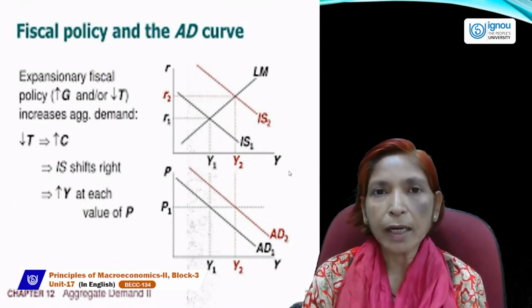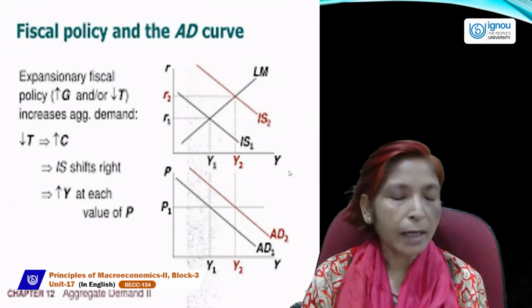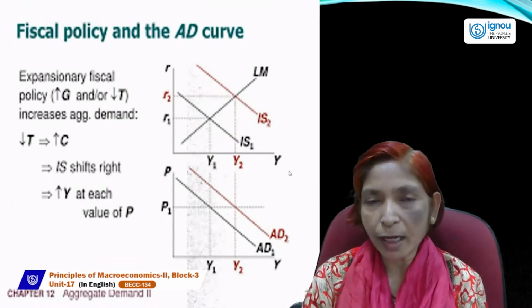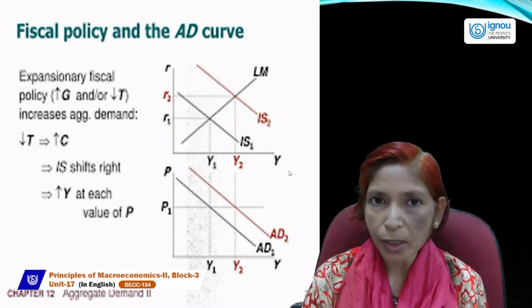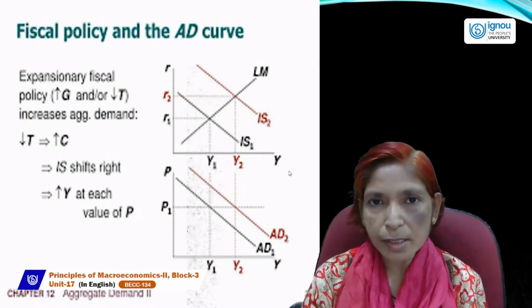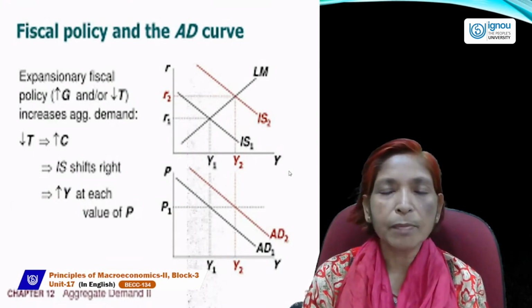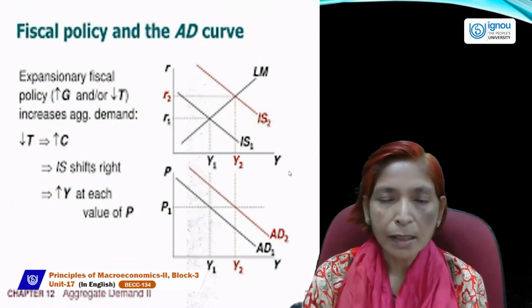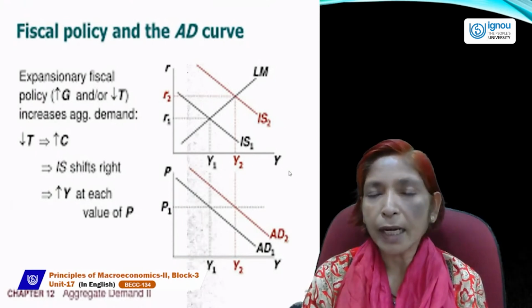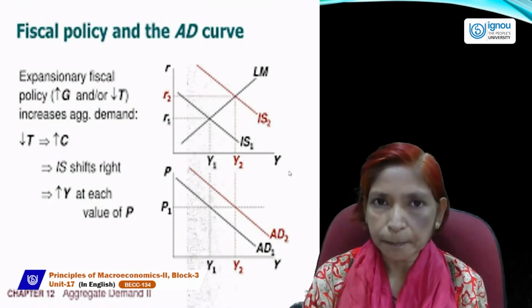The reason behind the shift in the IS curve is fiscal policy, and the reason behind the shift in the LM curve is monetary policy. Both these policies are very important. Fiscal policy is the policy made by the government, and monetary policy is the policy made by the Reserve Bank of India.